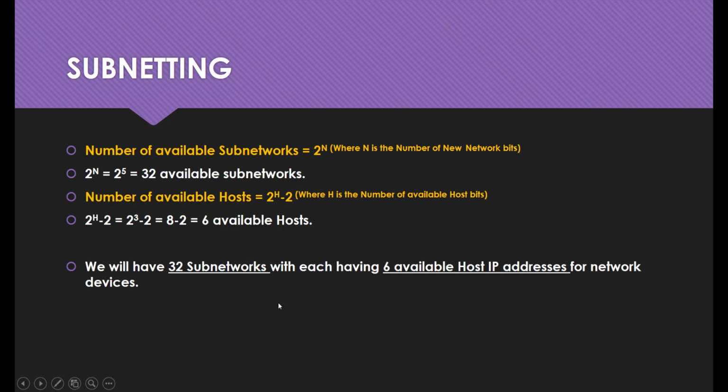So if we use the formula, we say 2 raised to the power of n, which is 2 raised to the power of 5, to give us 32 available subnetworks, and the number of hosts we'll have will be 2 raised to the power of 3 minus 2, that was 8 minus 2, that was 6 available hosts. So it means we would have 32 subnetworks with each having 6 available host IP addresses for network devices. So this is the summary of what subnetting entails.